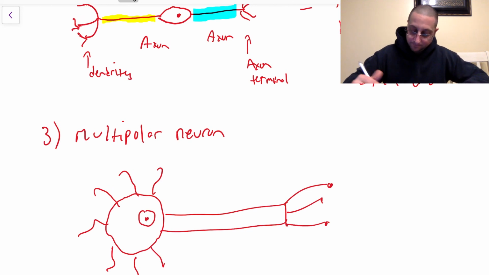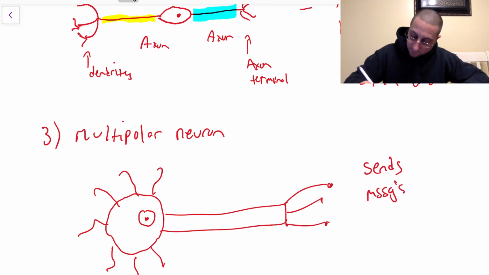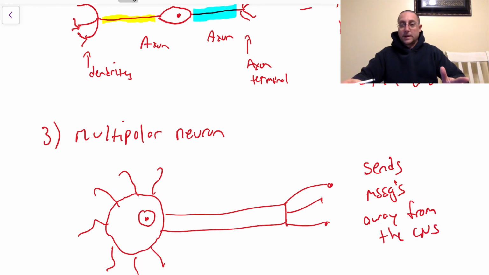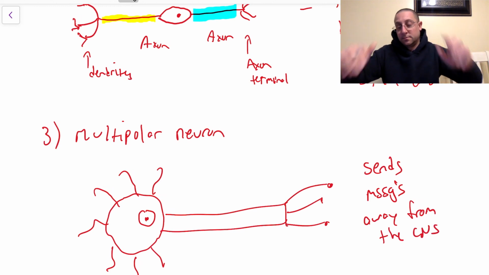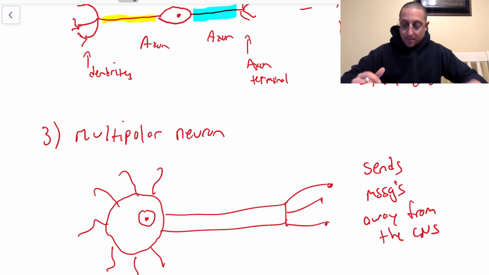And this is going to be sending messages away from the central nervous system. So it's going to be sending it to an effector, maybe a skeletal muscle, make you move. And that's pretty much it.